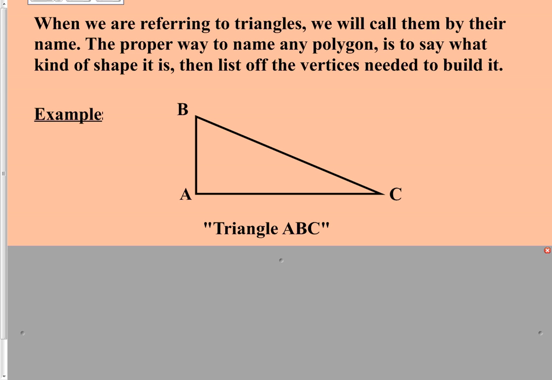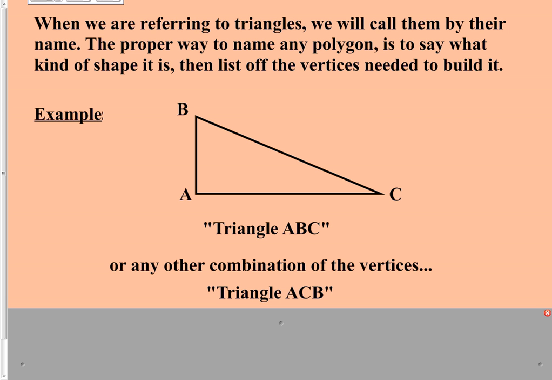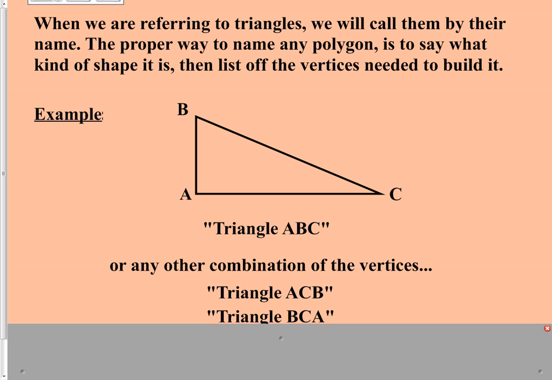Typically, they are placed in alphabetical order. That's the most proper way of doing it, to say triangle ABC. However, it is not incorrect to use other combinations of the order of the vertices. Saying triangle ACB or triangle BCA or any other imaginable combination, those are all correct as well.